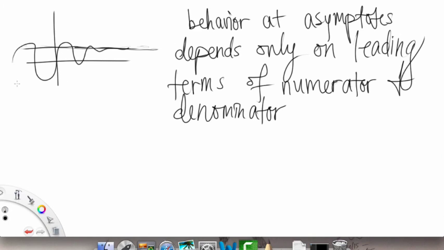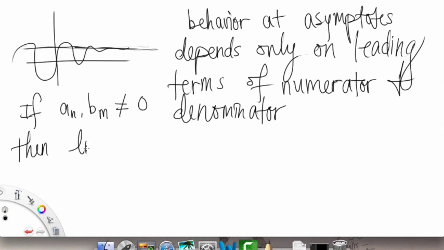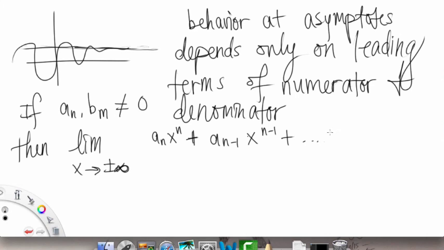So let's say that a sub n and b sub m are not equal to 0. These are just coefficients. Then we have the following limit, kind of a long limit, as x goes to plus or minus infinity of a sub n x to the n, where a sub n is the coefficient of our x to the n power, plus a sub n minus 1 times x to the n minus 1, and going along with a bunch of terms.